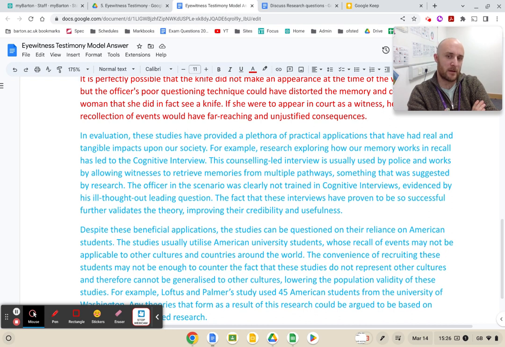I wouldn't evaluate Loftus and Palmer. I wouldn't evaluate Johnson and Scott. I wouldn't evaluate Gabbert, for example. In this case, you're evaluating research as a whole and using those specific pieces of research as evidence.